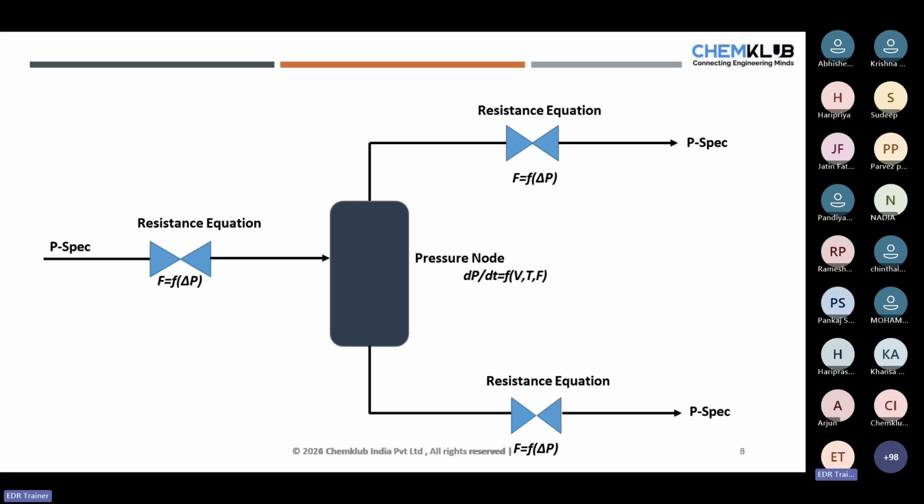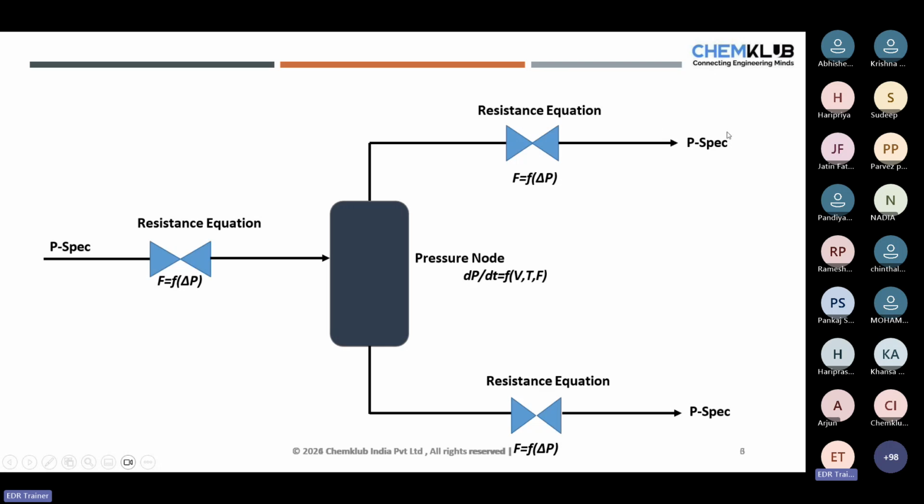The equation that you can see is that flow is a function of pressure drop and the pressure at the pressure node. The change in the pressure with respect to time is a function of the volume, the temperature, and the flow changes. So this is the pressure node which I was talking about in the previous slide, and these are the resistance equations, and these are the battery limits.